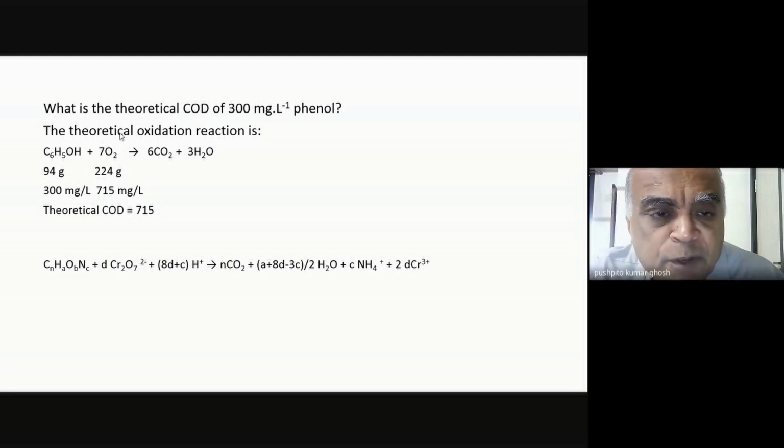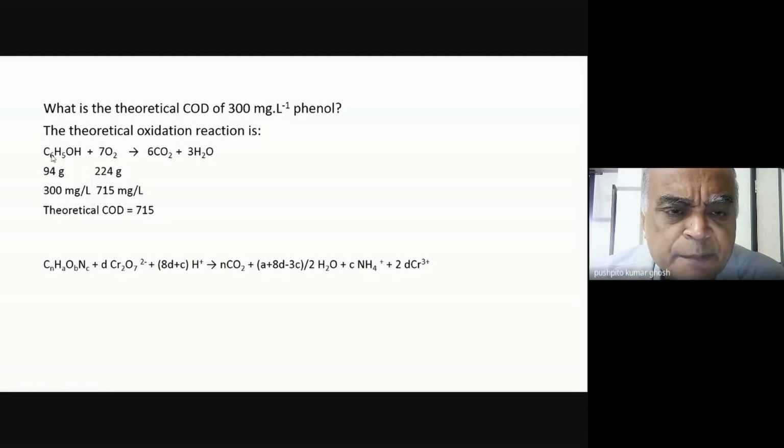This is for COD because phenol may not biodegrade. Doesn't matter whether I do it chemically or biochemically. If the ultimate objective is to convert everything into carbon dioxide, then this will be my equation: phenol plus 7 oxygen will go to 6 CO2 plus 3 H2O. That will be a balanced equation.